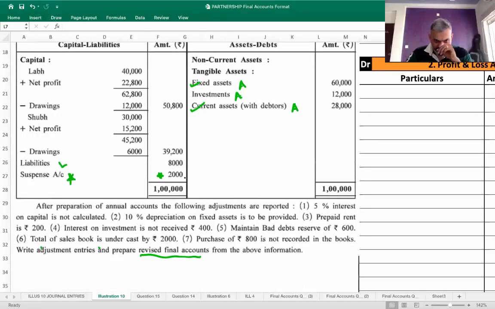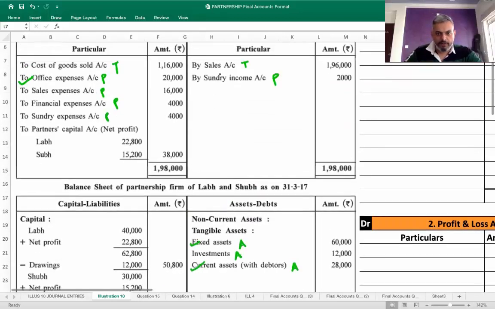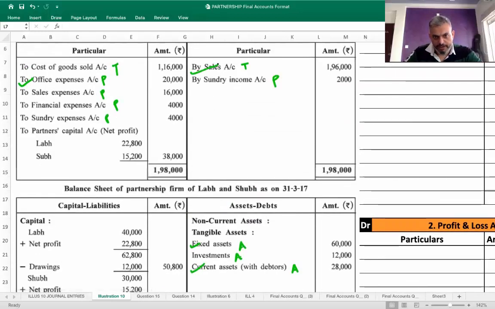Then total of sales book is undercast by rupees 2000. So ये 2000 जो suspense account में था उसका suspense अब रहा नहीं और हमने find कर लिया कि ये क्यों आ रहा है. तो sales book यानी सिर्फ sales account को ही टिक करना है.